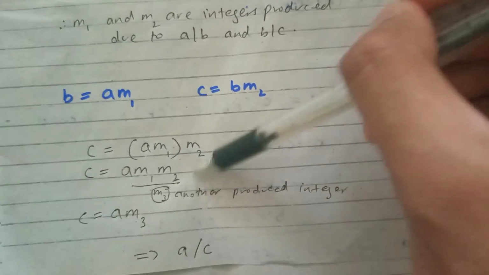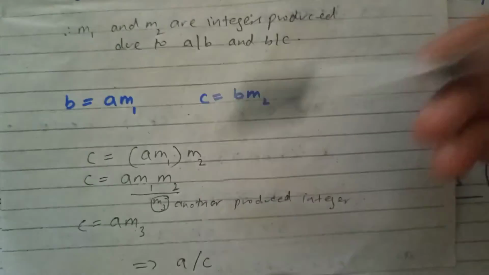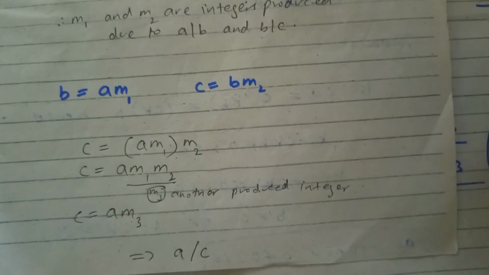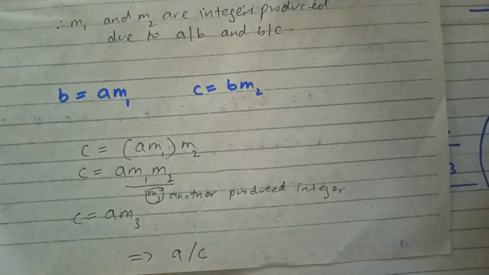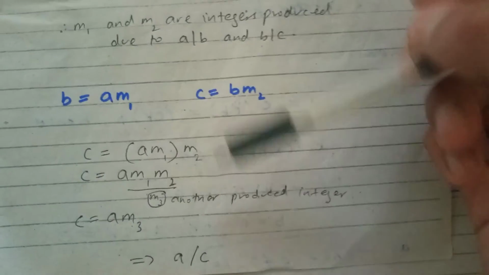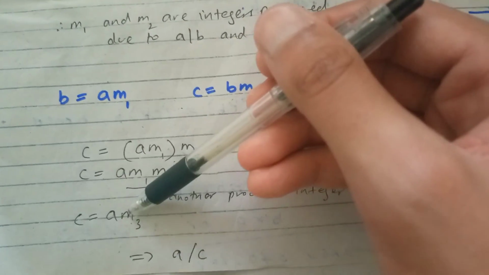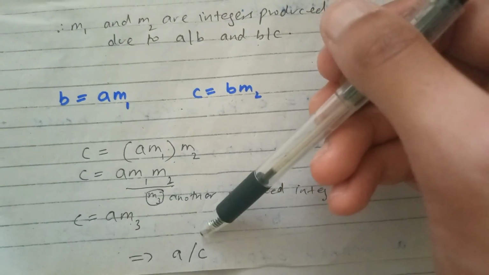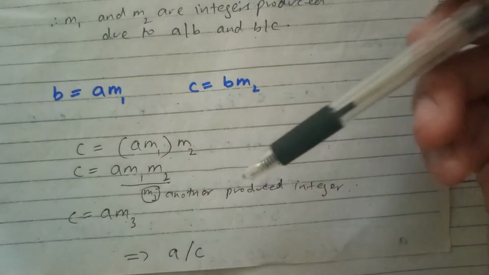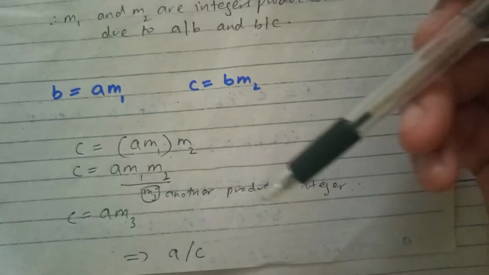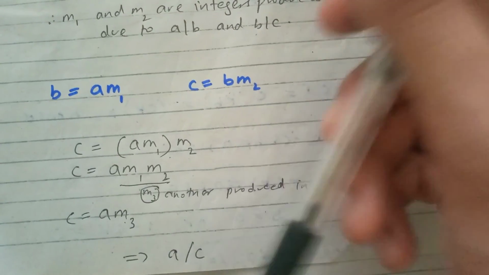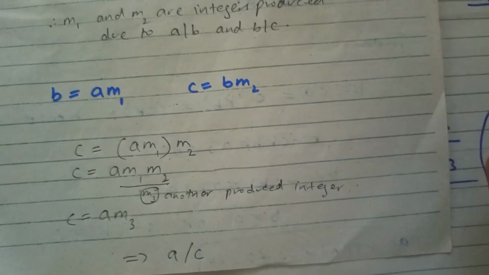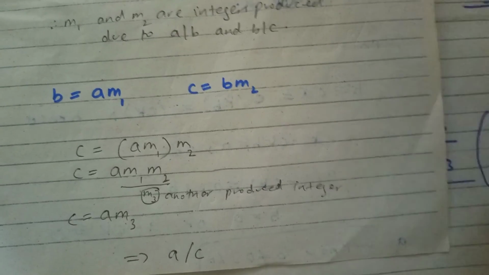Now by multiplying m1 and m2, there will be another integer, m3. This means that a divides c, so it is proved that a new integer is produced and they can divide each other. That is our proof, which is now proved.